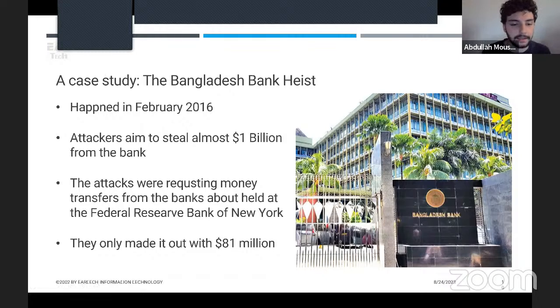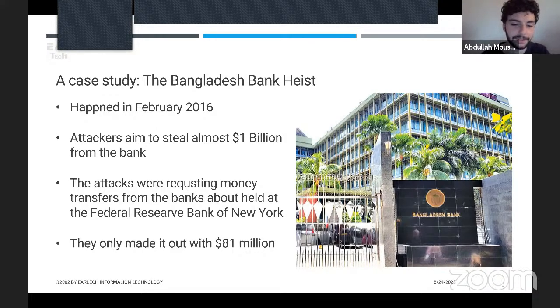Here's a case study demonstrating the importance of the three topics we've covered today. So a group of hackers believed to be connected to North Korea attacked the Bangladesh bank in February of 2016. The attackers' aim was to steal almost $1 billion from the bank.